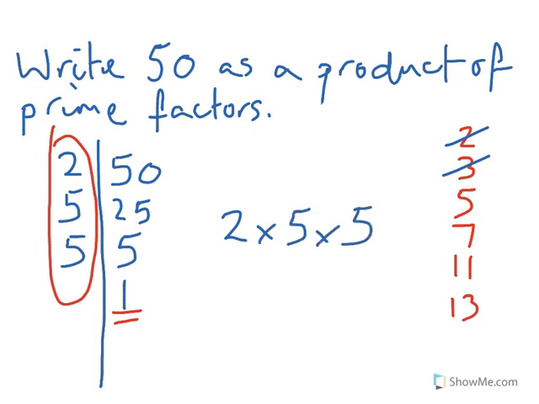So basically I've transferred these numbers from there to there, and that's how you write them. You can shorten this slightly by writing 2 times 5 squared. Another way of writing 5 times 5 is obviously 5 squared.